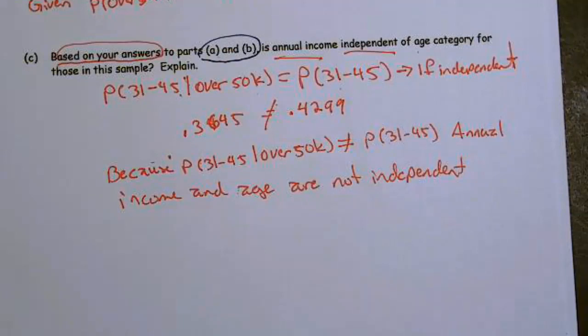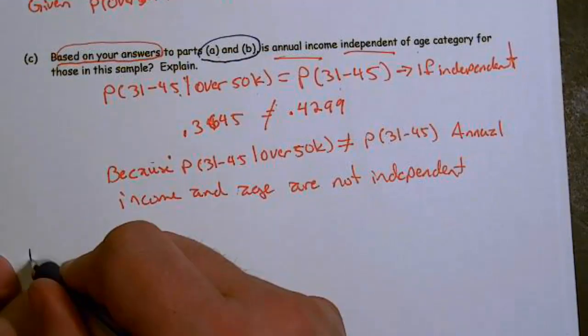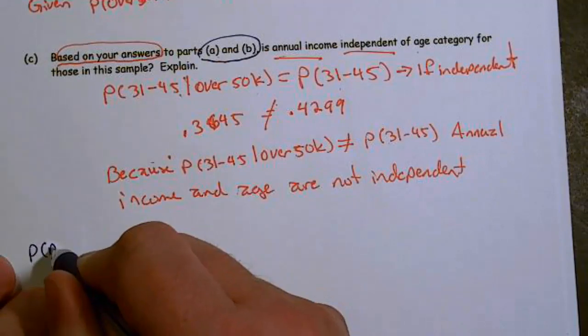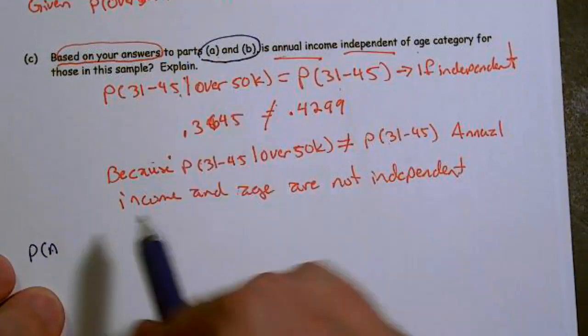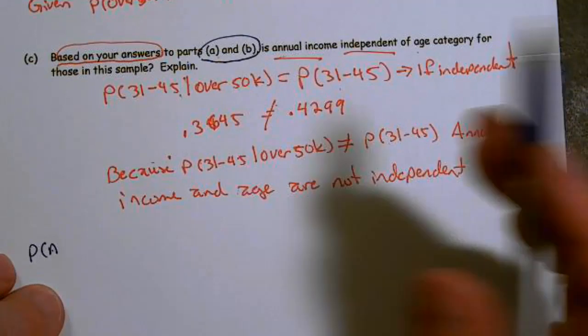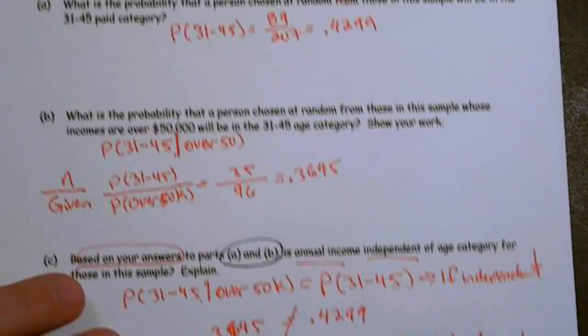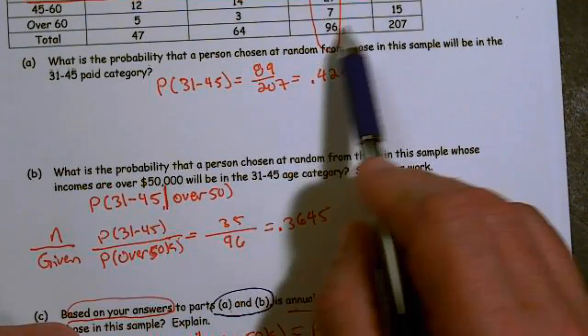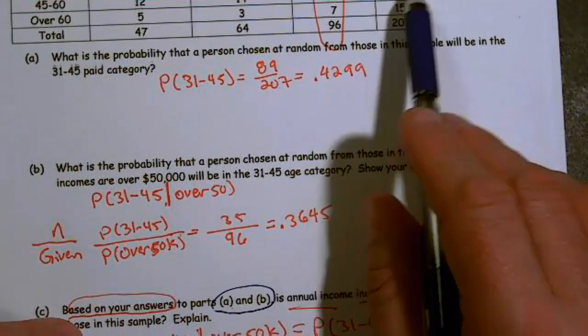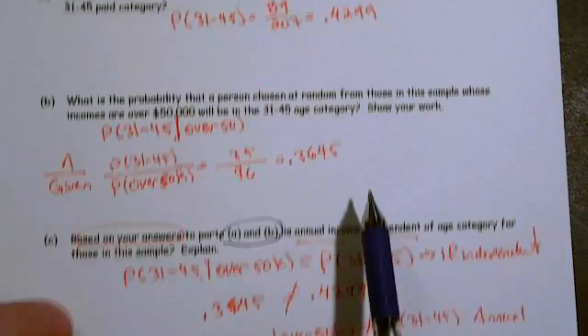And what would that have looked like? If you had approached that in that manner, you would have looked at 96 over 207 and 89 over 207.